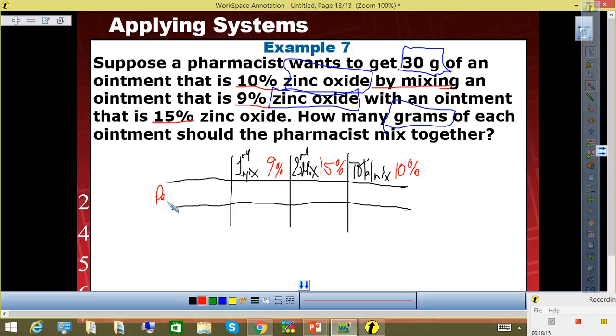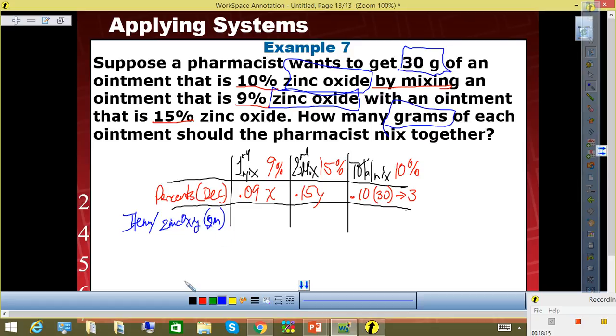So here we go. Here is percents into decimal. Therefore, this is 0.09x, 0.15y, 0.10 times what? 30. And this gives us what? 3. Right here we got item, and that is zinc oxide, and it's in what?